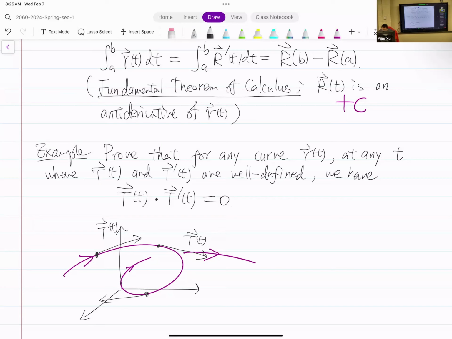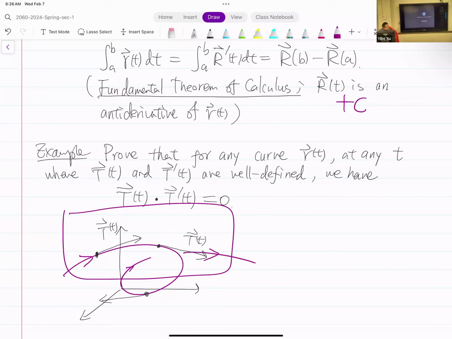And now here, if we think about the rate of change of that, this is T prime, right? So that's actually how you are changing the direction. If you think about these two points, at first the tangent direction is going to the right, but a little bit upwards.